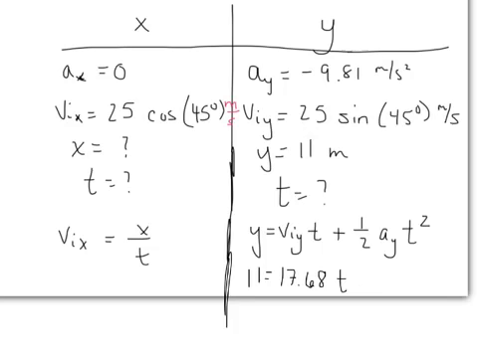And it's going to be minus 4.905 t squared. So all you need to do now is move the 11 over by subtracting it, put it in your calculator, and find your 2 x-intercepts. All you need to do now is solve the quadratic by looking for your x-intercepts on the graph of the calculator. Okay?